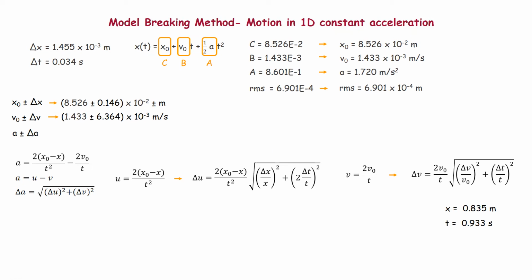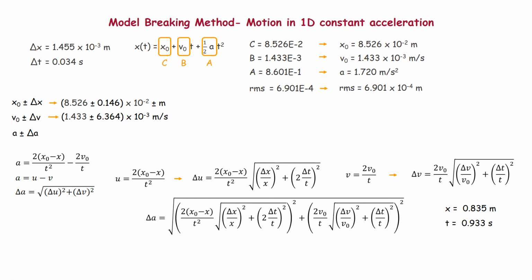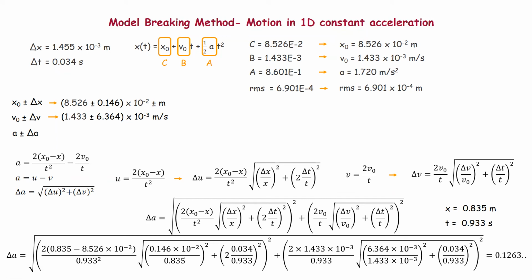The next thing is that we will just put delta U and delta V into the formula for delta A. I know it's a little long, but this is how to calculate the error in acceleration.